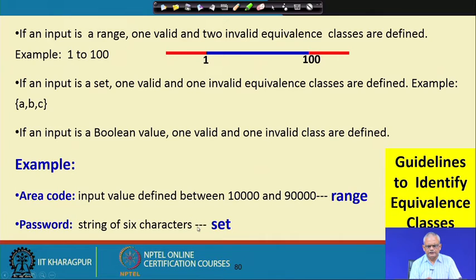So, those are the invalid. So, there are two equivalence classes here: the valid equivalence class, which is a member of the set, and the invalid equivalence class, all the data points which are not members of the set.